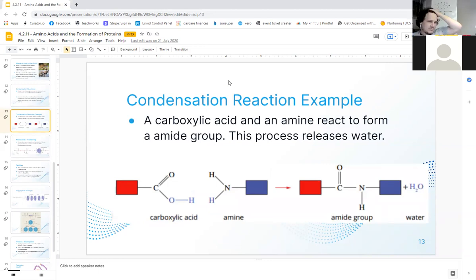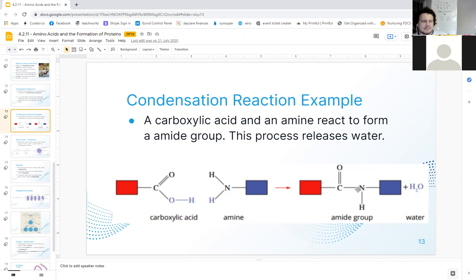Carboxylic acid and an amine react to form an amide. So we have NH2 and OH. Look what we've got. We've got 2H and an O. The HOH breaks away as a water molecule, hence the name, condensation reaction.